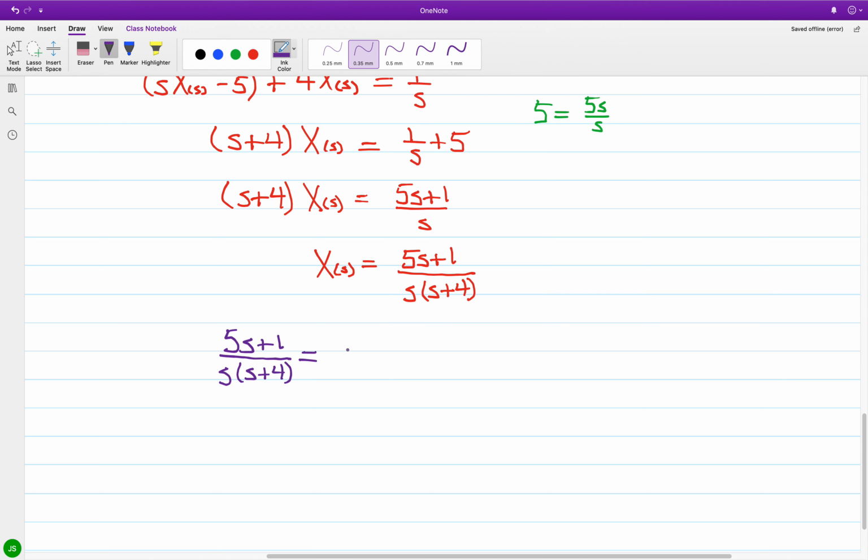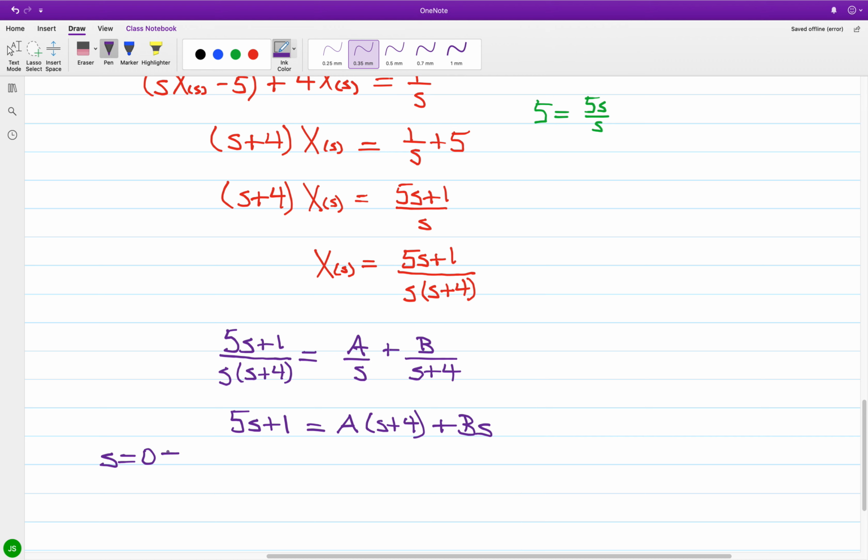We have a couple linear factors, so we have A over s plus B over s plus 4. If we clear out the fractions, multiplying by both s and s plus 4, we have 5s plus 1 equal to A times the quantity s plus 4, plus B times s.